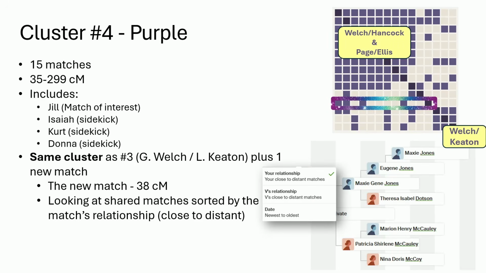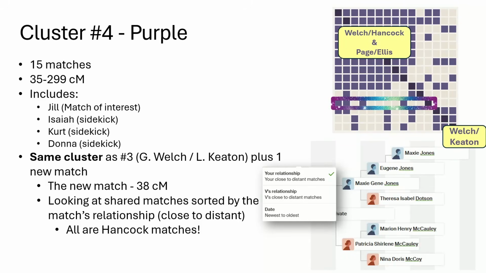You can click on this little drop down to sort, and instead of sorting by your relationship, you switch it over to the match's relationship. Once you do that, you'll see all the matches that are closest to that person, the shared match. That can really help you figure out who they are, especially if their tree isn't that helpful or if they have no tree.